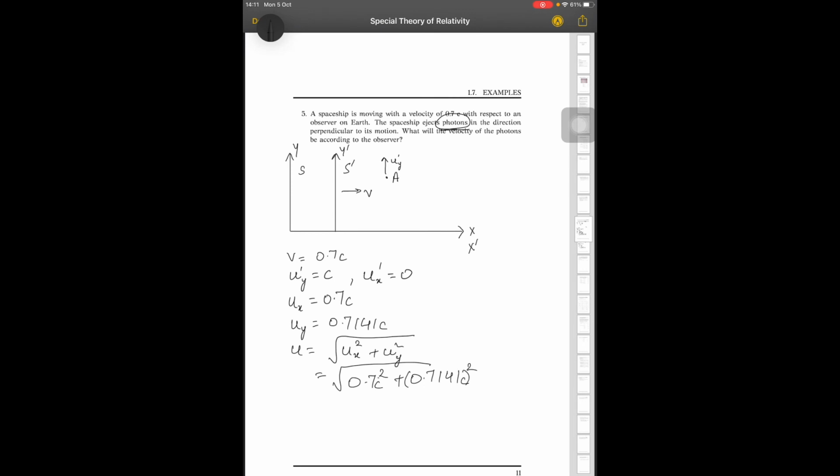Okay, let's add them in the brackets to avoid confusion, which is equal to 0.99969 c. Now we are getting an approximate result because we have approximated the value of uy, which is 0.7141 c. Now if we were to use root of 0.51 c, we would get the exact value of c.